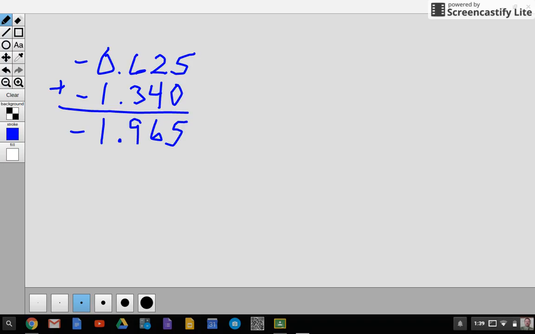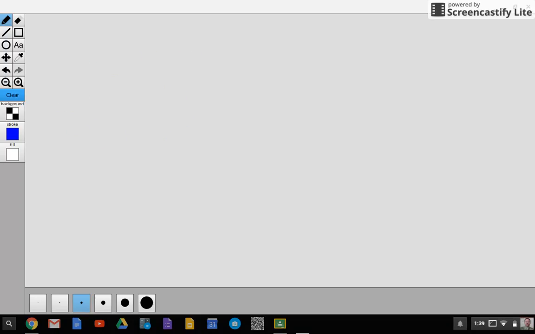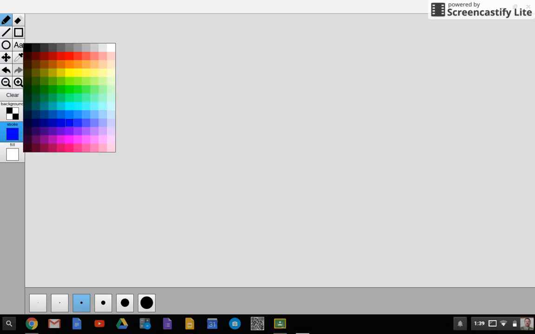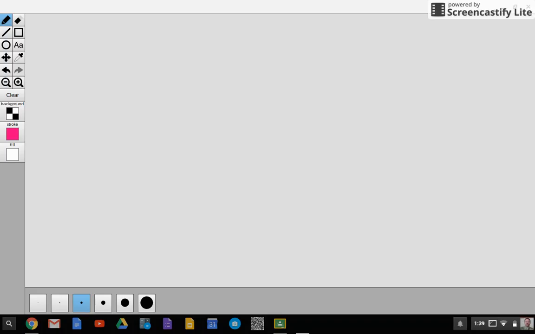Now, our final problem. Let's get us a little different color. I have 2.75 plus 6.008. So different signs. So I'm actually going to be subtracting and keeping the sign of the larger number.